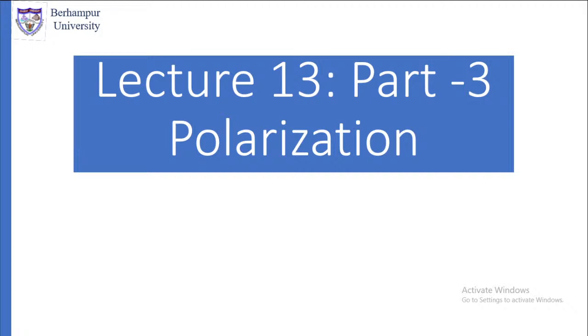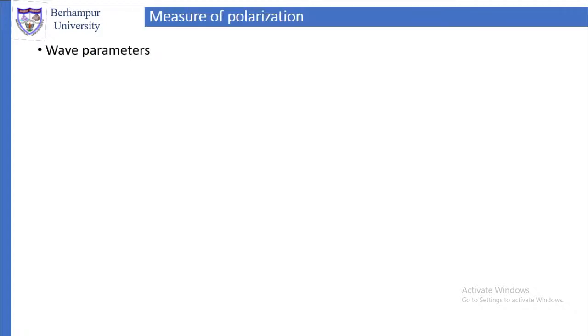Now from now on, let us look at the techniques involved in polarization. To know that, we'll start with the measure of polarization. How are we going to measure the polarization?